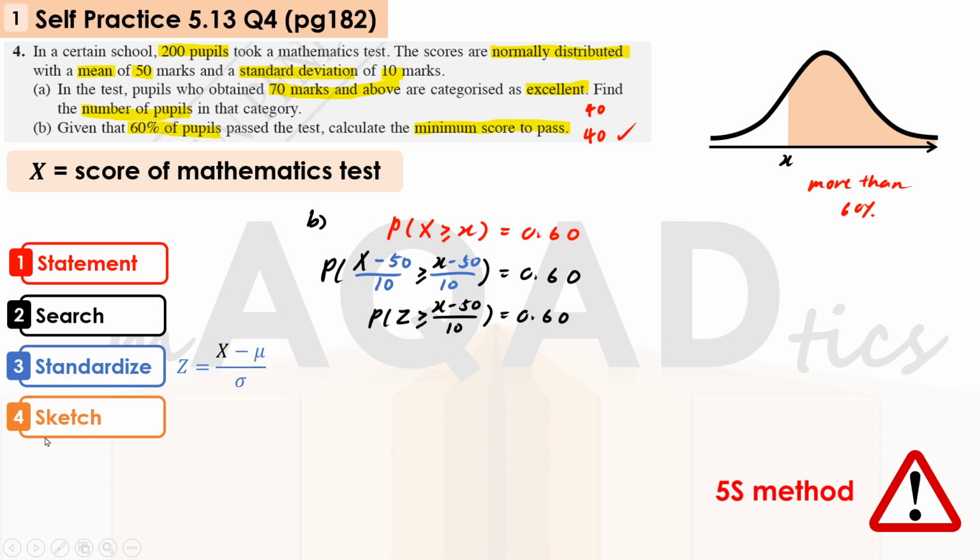Fourth S is to sketch the graph, which we have already done, so now I just change some things a bit. Since we standardize from x to z already, our mean has become 0, which is why the mean will be here, and that's why here there will be the y-axis. Since we have changed from x to this value, for the x here, we'll change it to x minus 50 over 10.